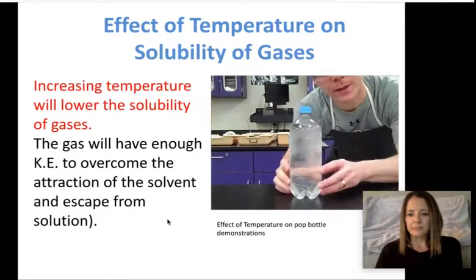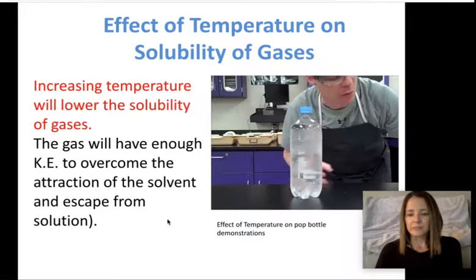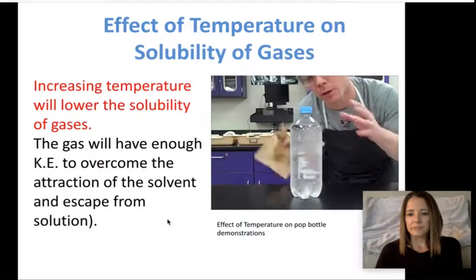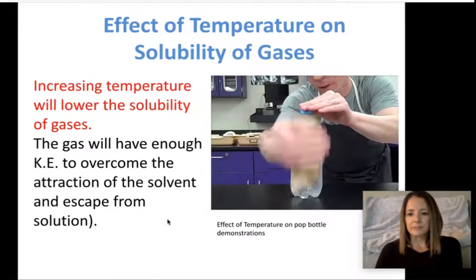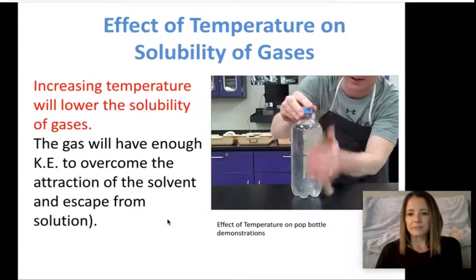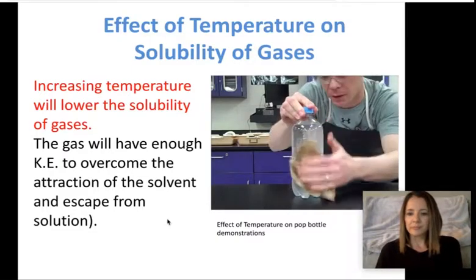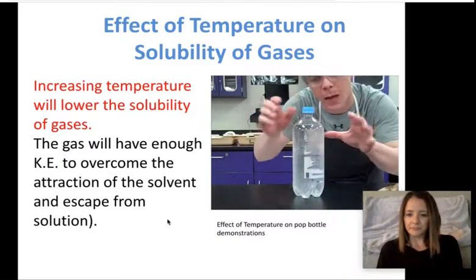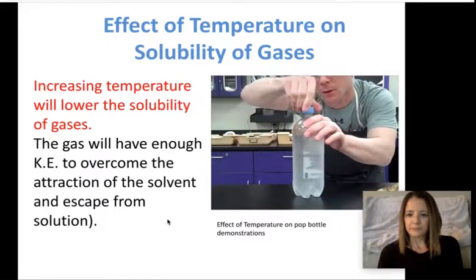All right, next we're going to take a look at what happens when we open the seltzer water which was placed into the ice water bath. And just so we can see this a little bit more clearly, I'll wipe off some of the condensation that's on the bottle before I open it. We'll try to do that quickly, just to remove some of that condensation so you can see what happens here. Okay, so here we go. We're now opening the seltzer water bottle that was placed into the ice water bath.